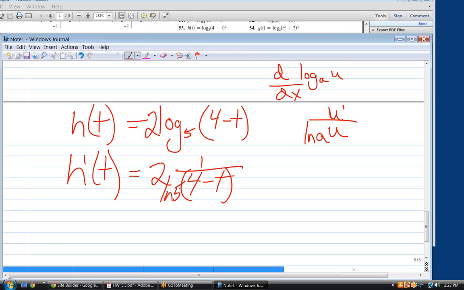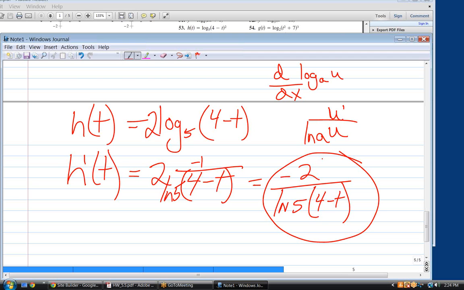What is u prime? Negative 1. So our answer should be negative 2 over natural log 5 times 4 minus t. And I guess that is the more conventional way of writing it.